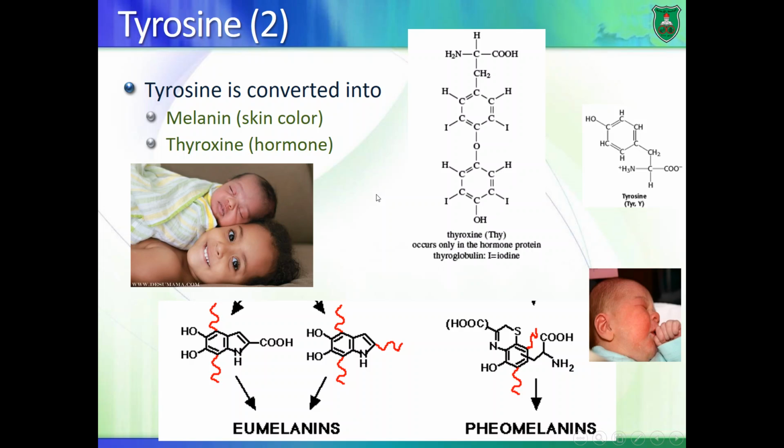Okay, now of course Africans have a high amount of melanin in their skin relative to Northern Europeans. Now, tyrosine is also important for the synthesis of the hormone thyroxine, where you have 2 tyrosine molecules linked to each other, and they are iodinated.